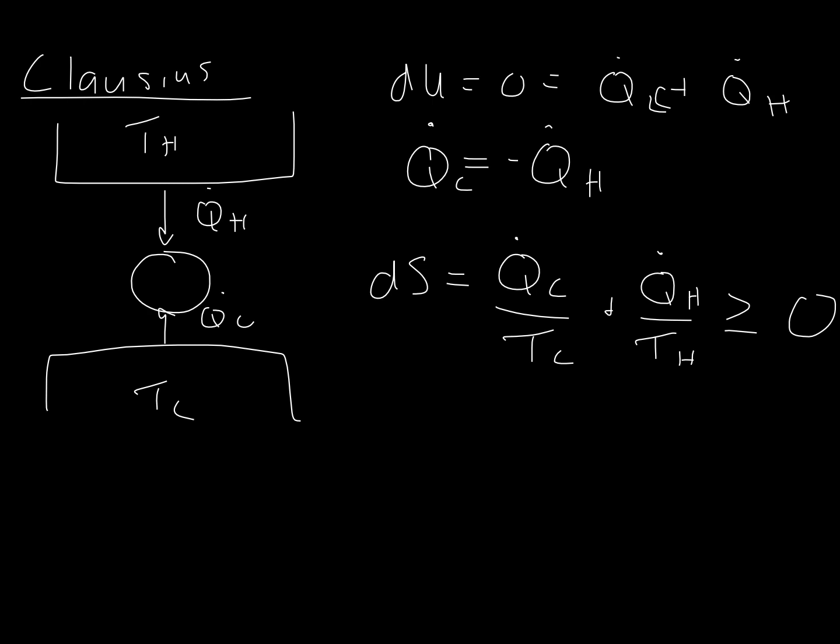If we substitute the energy balance into the entropy balance, we can get that Q dot C times (1 over TC minus 1 over TH) has to be greater than or equal to 0. I substituted QC in for QH, then I pulled it out of the equation.